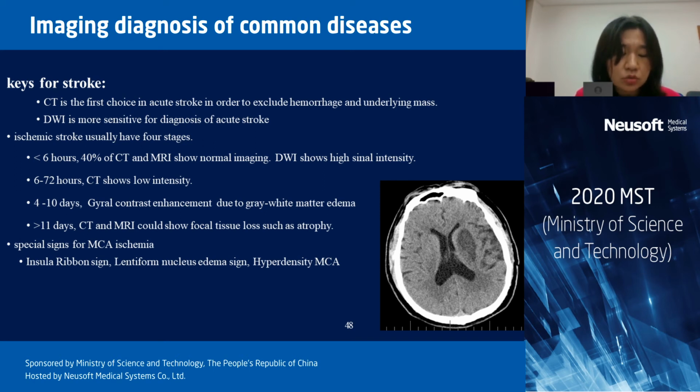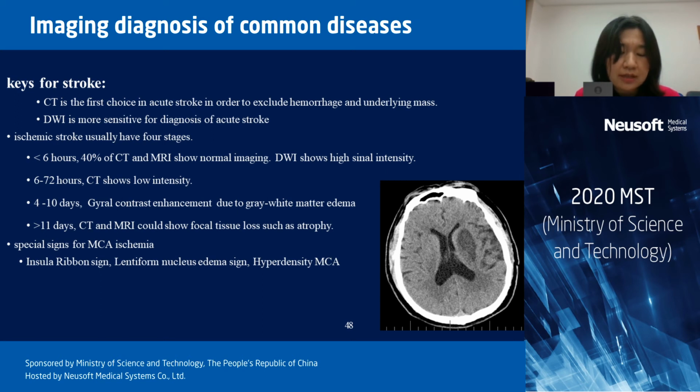From 6 to 72 hours, in acute stage, CT shows low intensity, mass effect, wedge-shaped, special signs for MCA ischemic stroke containing insular ribbon sign, lentiform nuclear edema sign, hyperdense MCA.